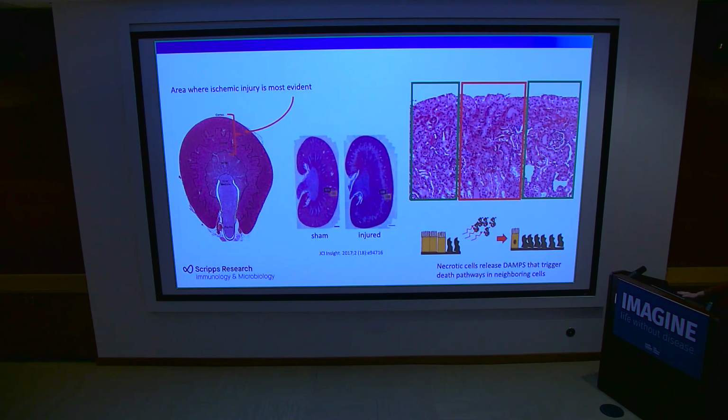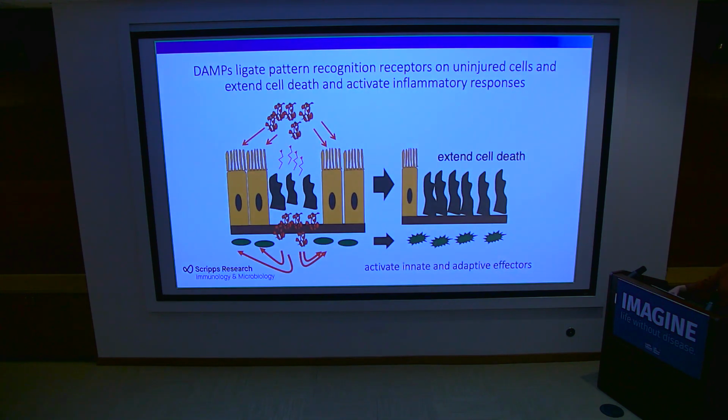The idea is that necrotic cells release DAMPs and whatever other things are inside the cells and engage pattern recognition receptors on healthy cells and extend the damage. So our goal here is to see if we can block that cascade of injury that occurs in all kidneys that are procured for transplant.